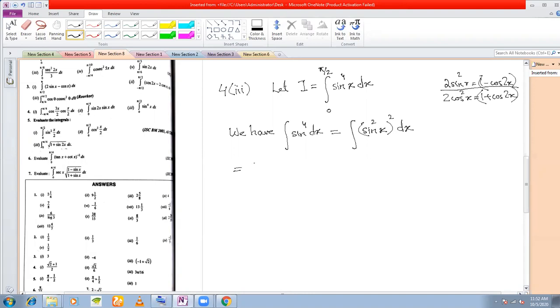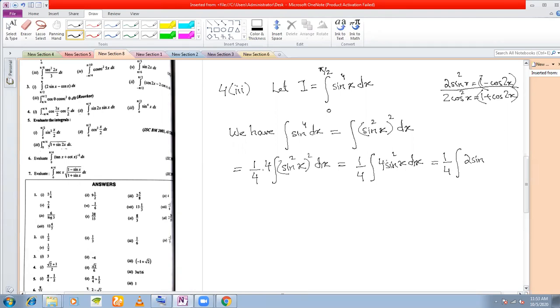So what you do here is you write this as 1/4 into 4 times the integration of sine square x whole square dx. Now you can leave the 1/4 outside and take the 4 inside, and 4 is a perfect square, so you can write this as 2.